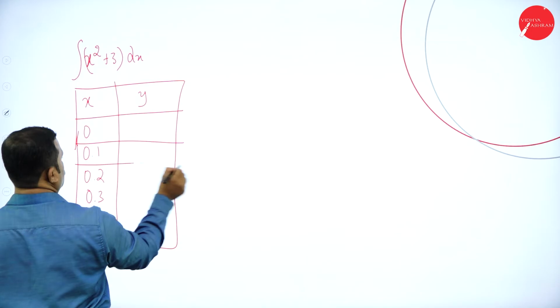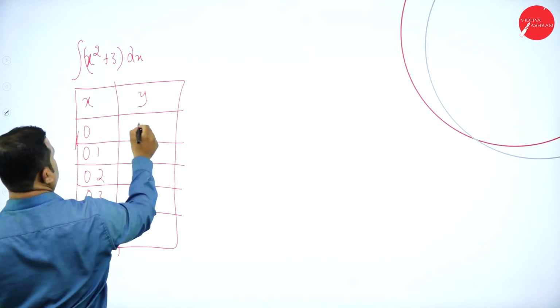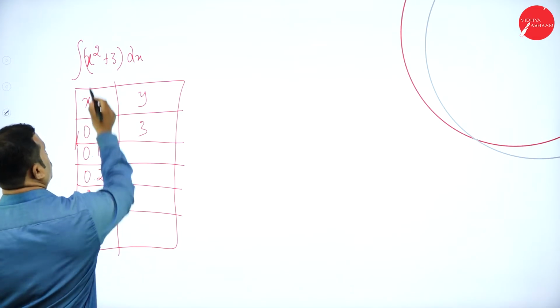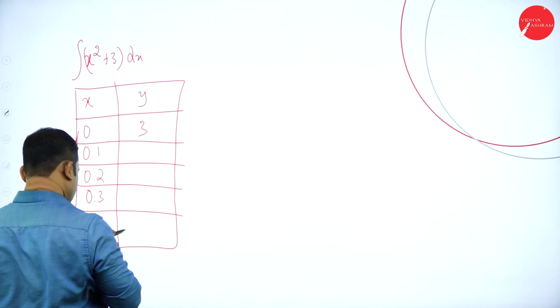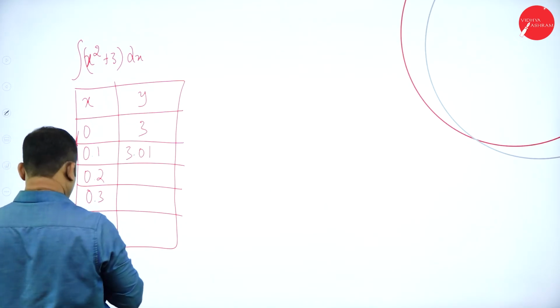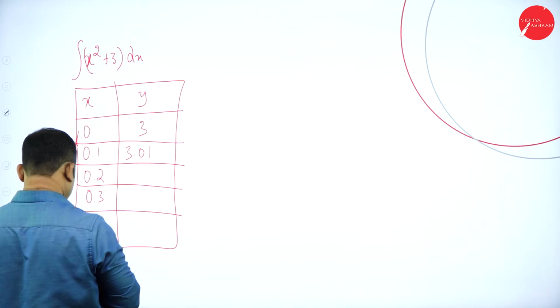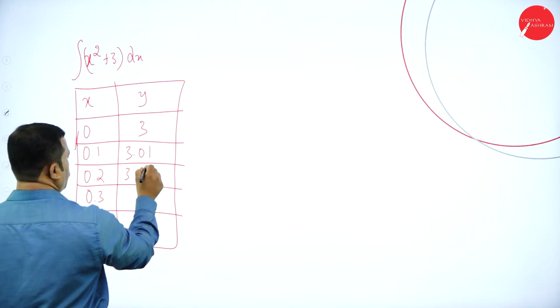What is the value of y? When x is 0, 0 plus 3, it is equal to 3. For 0.1, 0.1 whole square is 1 by 100, which is 0.01, plus 3, which is 3.01. 0.2 whole square is 0.04 plus 3, that is 3.04.